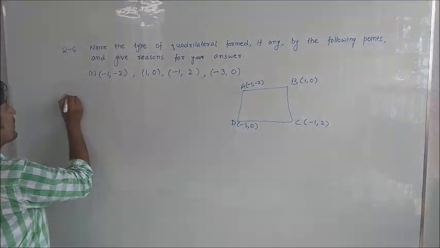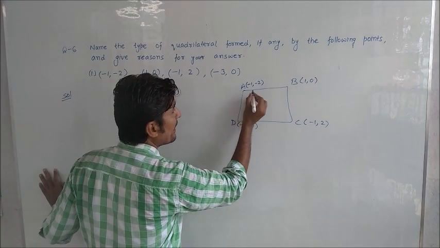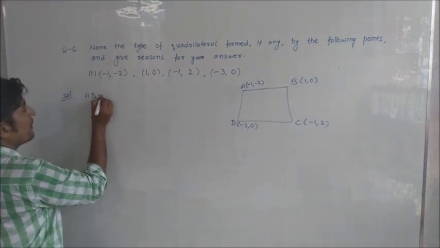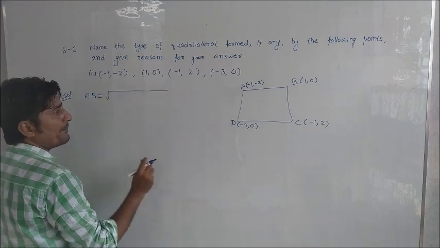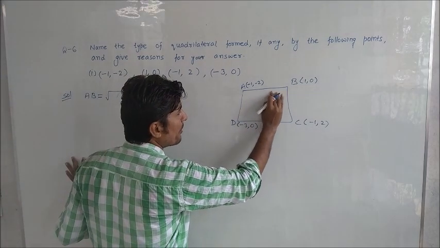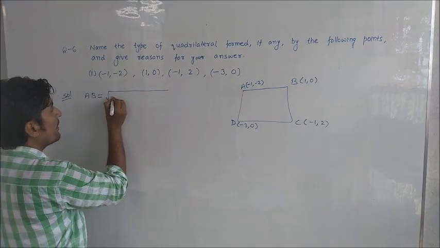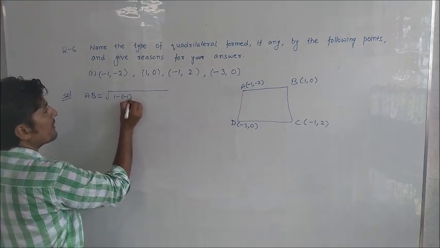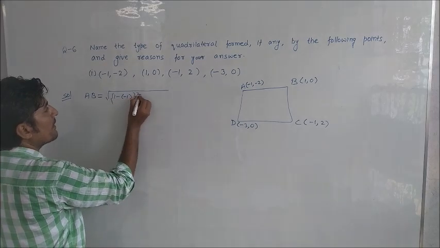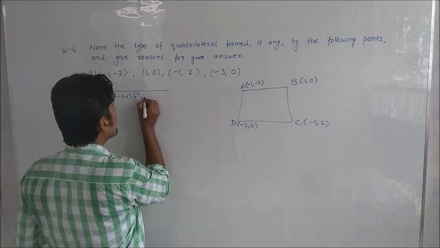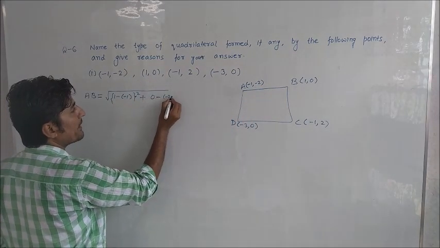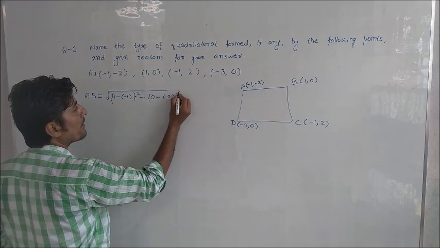For that, first of all we have to find the measurement of AB. To find AB, we have to use the distance formula: under root of (x2 minus x1) whole square, (1 minus -1) whole square, plus (y2 minus y1) whole square, (0 minus -2) whole square.